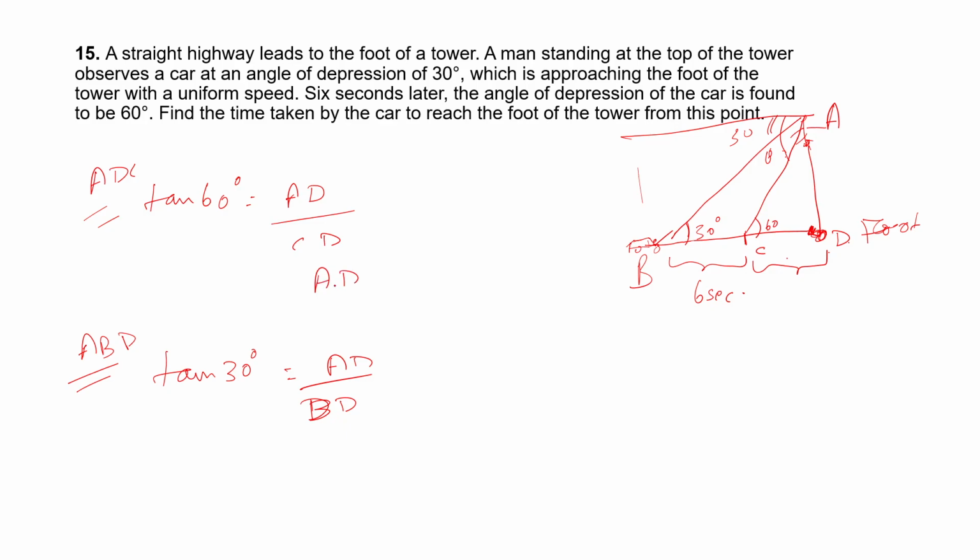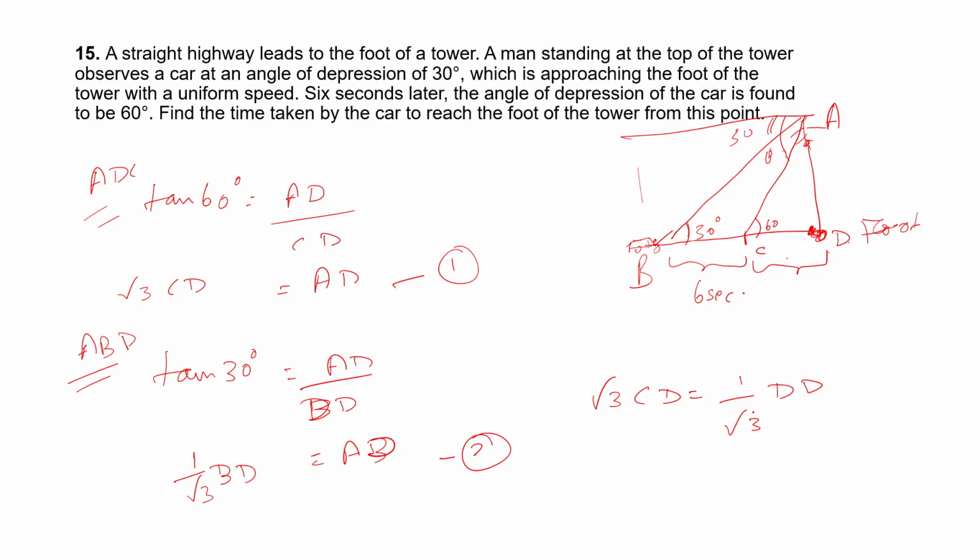AD is equal to CD into tan 60, which is root 3, and here AD is equal to 1 by root 3 into BD. So both are AD, we can equate that. So root 3 CD is equal to 1 by root 3 BD. So cross multiply, you will get 3 CD is equal to BD, right? Up to this it is clear.